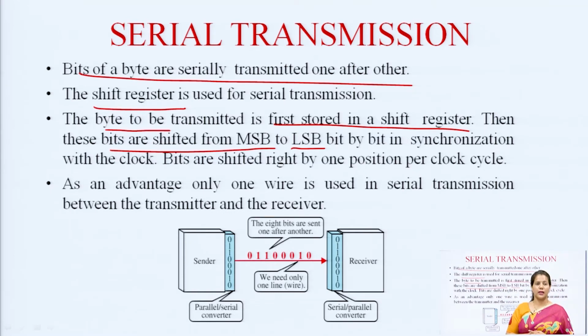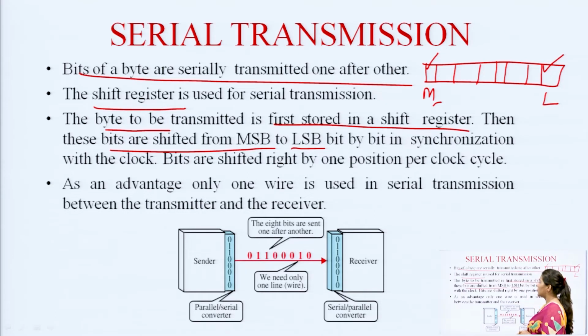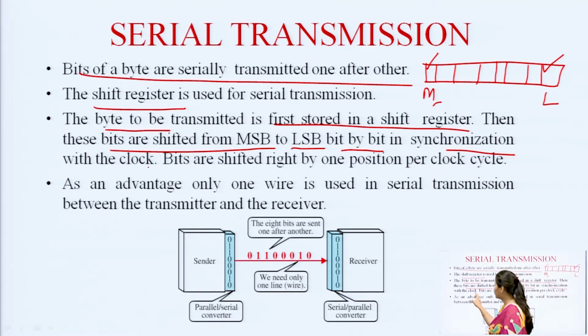What is MSB and LSB? Most significant bit and least significant bit. Suppose we are having 8 bits of data. So, this is MSB and this is LSB. When that byte is stored in the shift register, these bits are shifted bit by bit in synchronization with the clock.